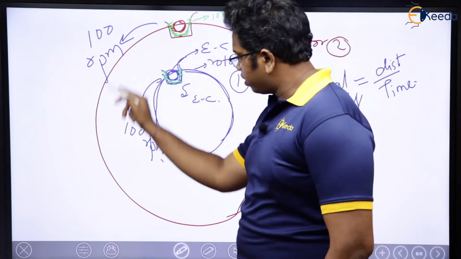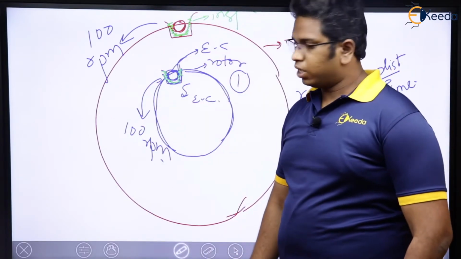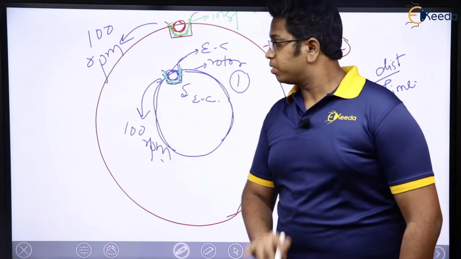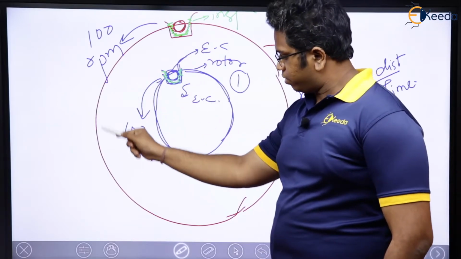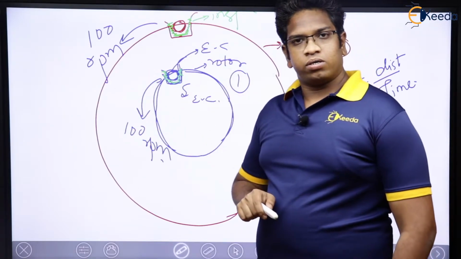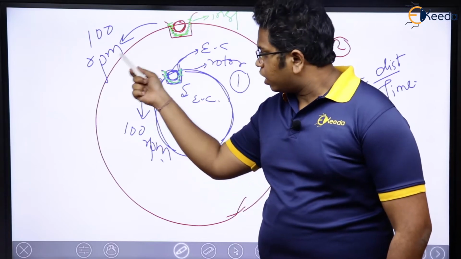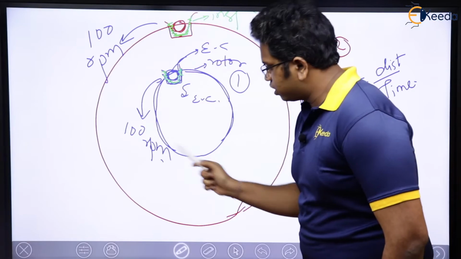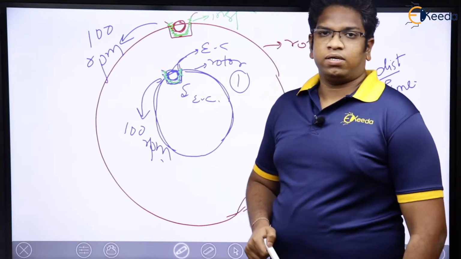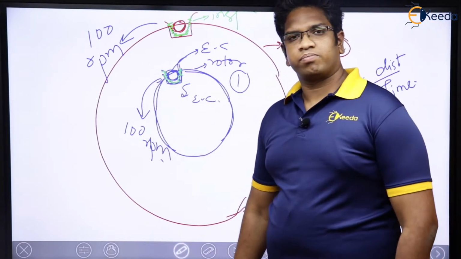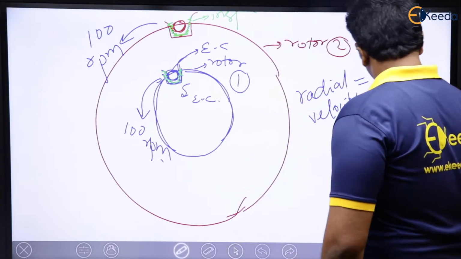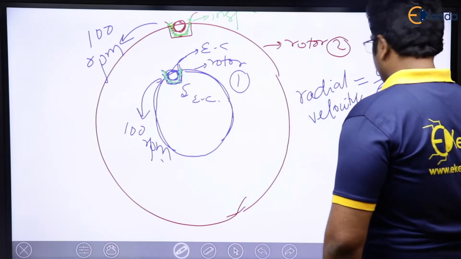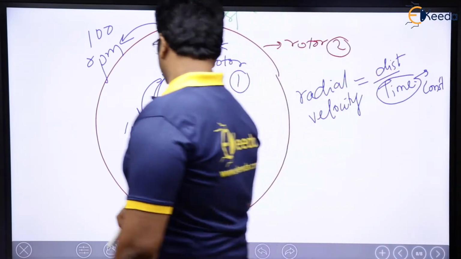Time taken by this rotor to make 100 revolutions and time taken by this one to make 100 revolutions will be same, right? So time is going to be constant. Time is not at all the concern.